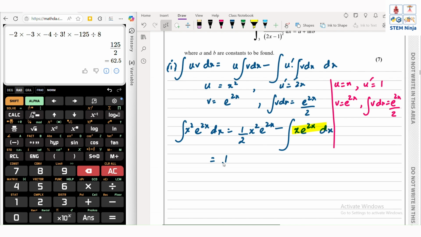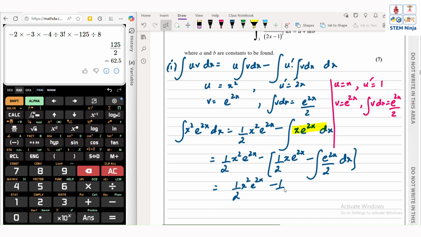So same thing: half x squared e raised to power 2x minus 1 over 2 x e raised to power 2x minus integral of e raised to power 2x over 2 times 1 dx. So this becomes 1 over 2 x squared e^2x minus 1 over 2 x e^2x plus 1 over 4 e raised to power 2x plus c.